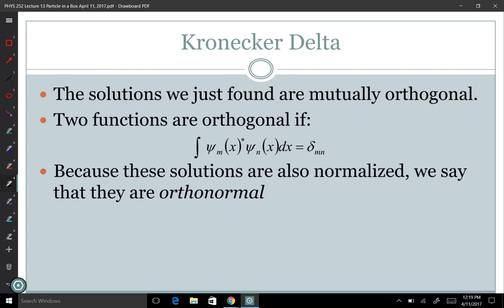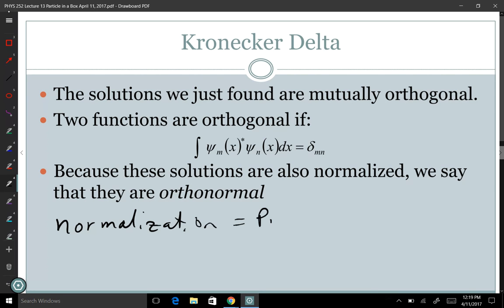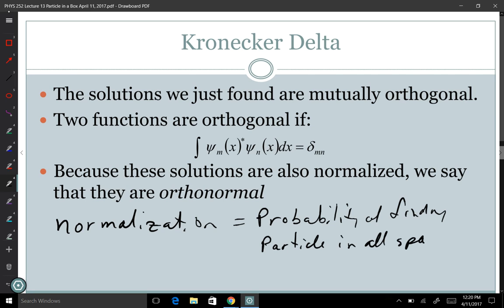We have learned about normalization. That was the probability of finding the particle equals 1, in all space, I should have said. We learned about boundary conditions.